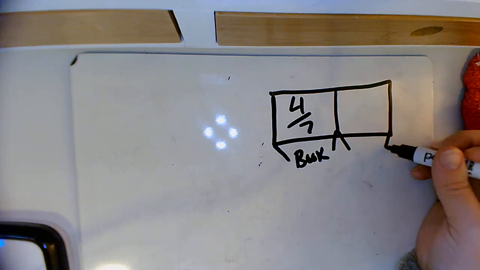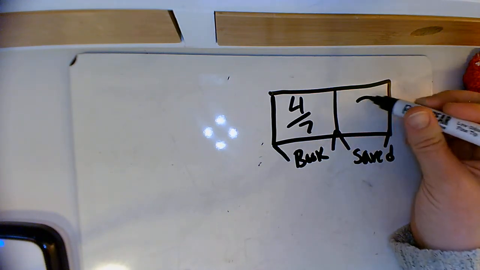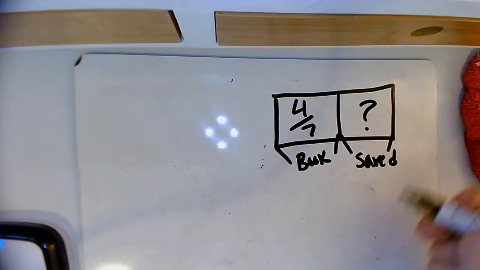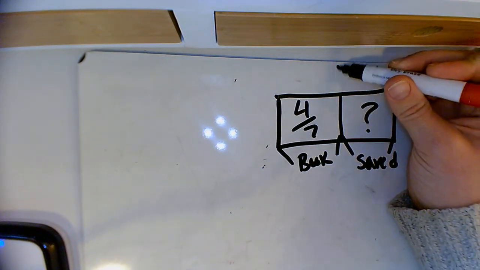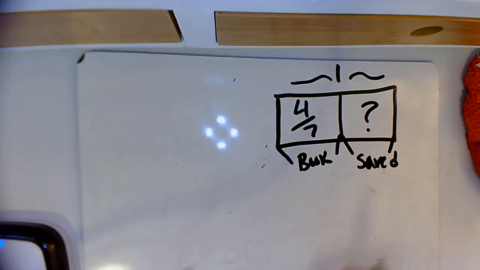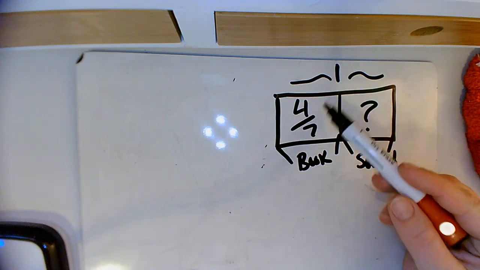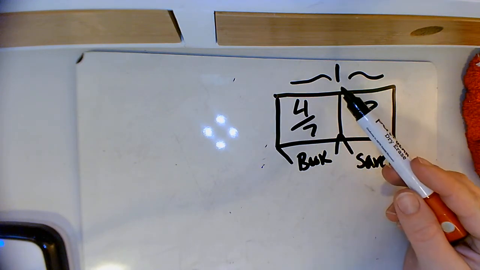We don't know how much was saved. Okay, but we do know that we're starting with 1 whole. So like I said on our last one, if we have a missing piece in that tape diagram, we're going to have to subtract to solve.